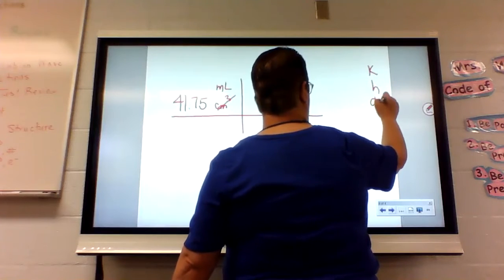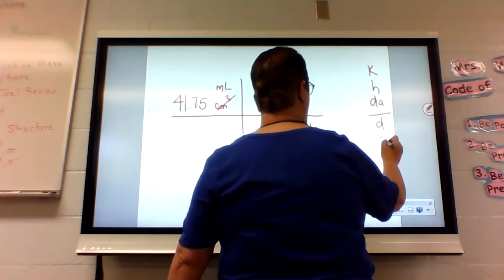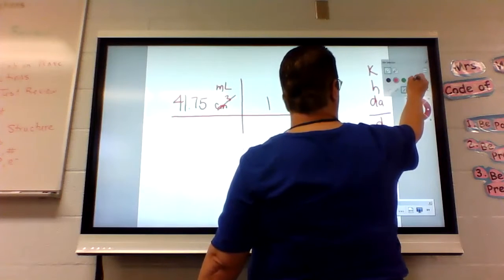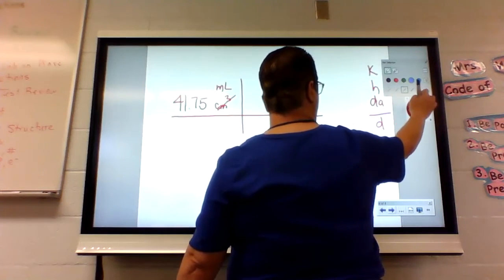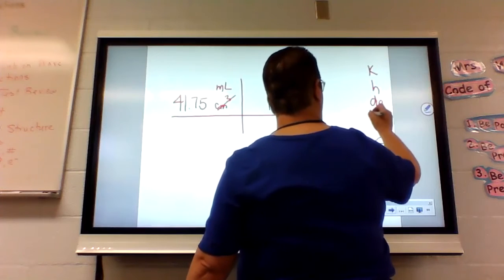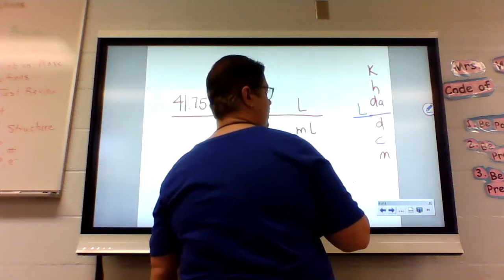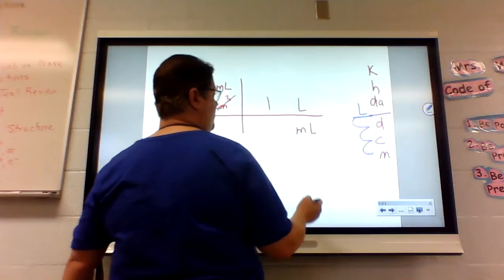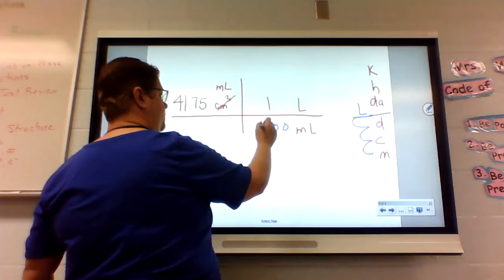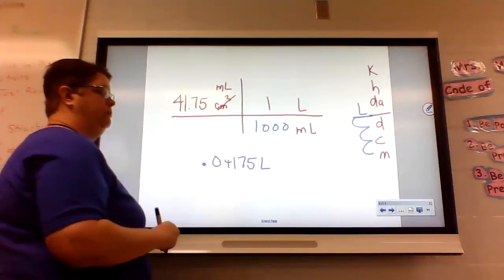King Henry died by drinking chocolate milk. So if we know that King Henry died by that, liters is here, milliliters is there. So 1, 2, 3 spaces.